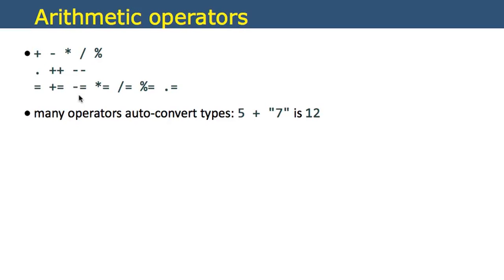So if you want to put two strings together in PHP, you have to use a dot operator instead of a plus operator. Many operators auto-convert types, so if you try to say 5 plus "7", PHP will automatically convert the "7" to the number 7 and do mathematical addition, because we're using the plus sign.